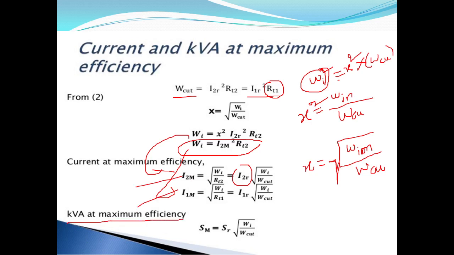The KVA rating at maximum efficiency we can determine with this formula: Sm is equal to the rating of the machine into the square root of iron losses upon copper losses. This is the maximum KVA rating of the machine at the maximum efficiency condition.